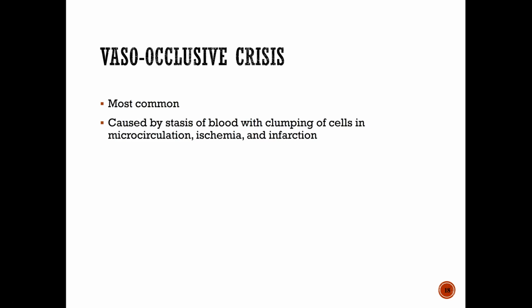A vaso-occlusive crisis is the most common, and this is basically a blockage of the blood vessels. So stasis of the blood with clumping of the cells in microcirculation, which can lead to ischemia and infarction because that blood vessel is blocked.